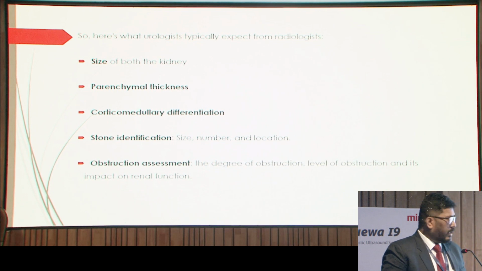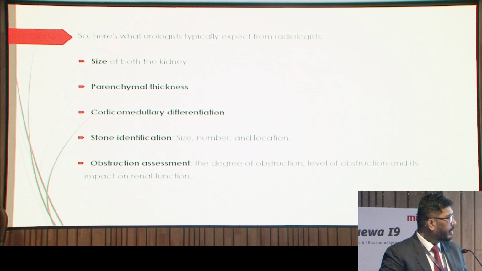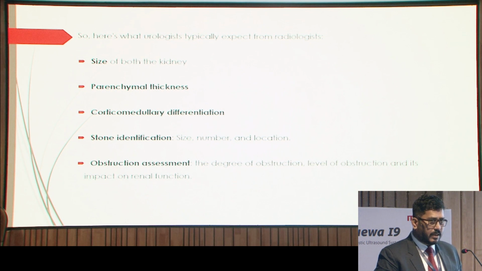What we want from a good sonography is that the size of both kidneys should be mentioned, then parenchymal thickness, corticomedullary differentiation, then the stone should be identified, with size, number and exact location. I will come to the exact location in another slide, but it should be mentioned properly.